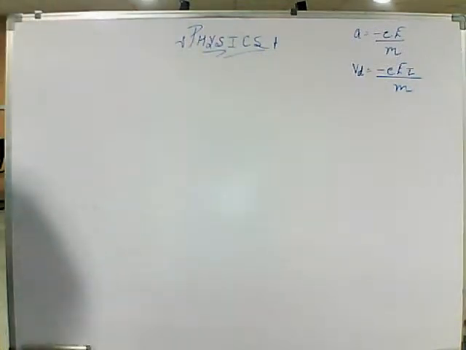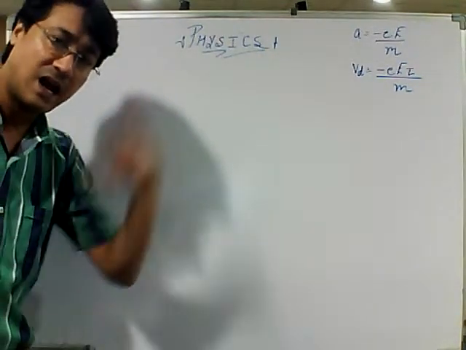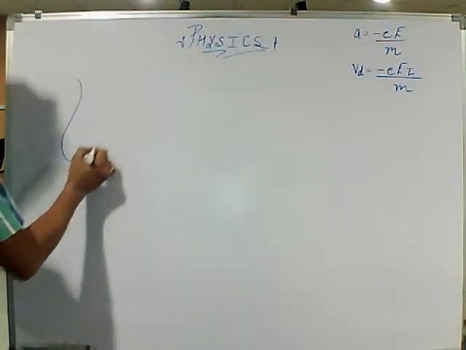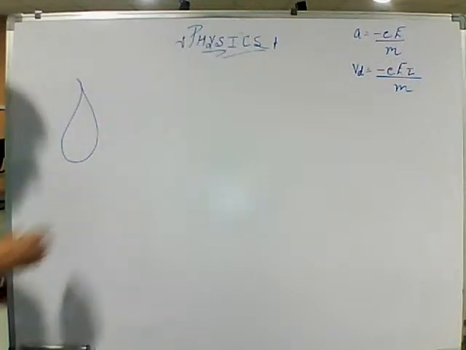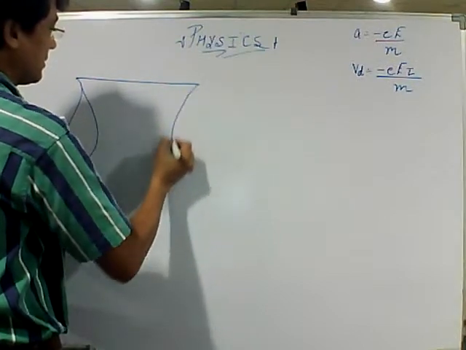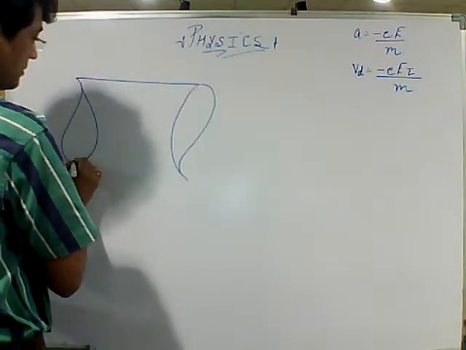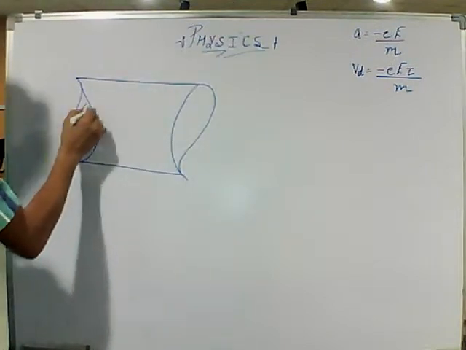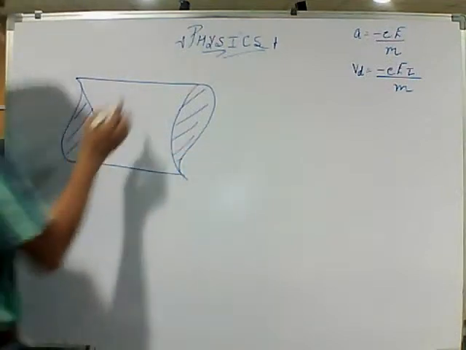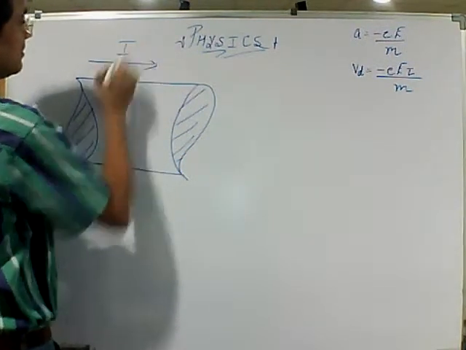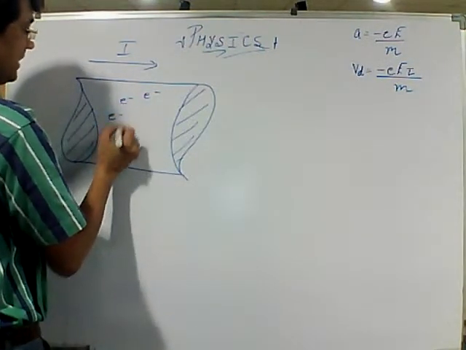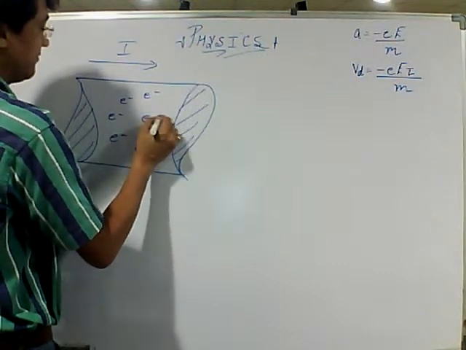Now let us come to the relation between current and drift velocity of these electrons. I take a particular cross sectional area of this conductor. The current is moving in this particular direction, but of course all these electrons will be moving in a direction opposite to the flow of current.